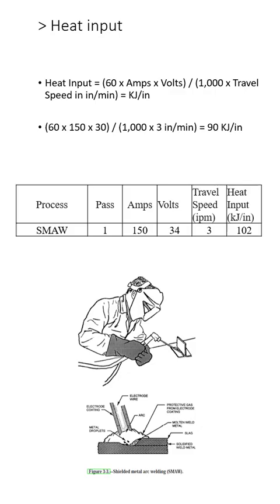Heat input. This is how much thermal energy we're pumping into that material. And if we put too much heat into it, there's a chance that we could alter the microstructure and or the mechanical and physical properties of the base metal, heat affected zone, and the weld metal.